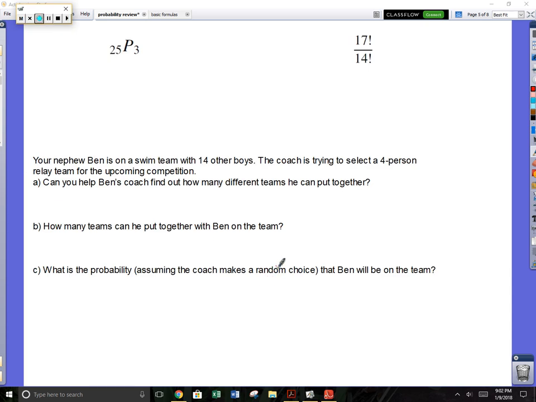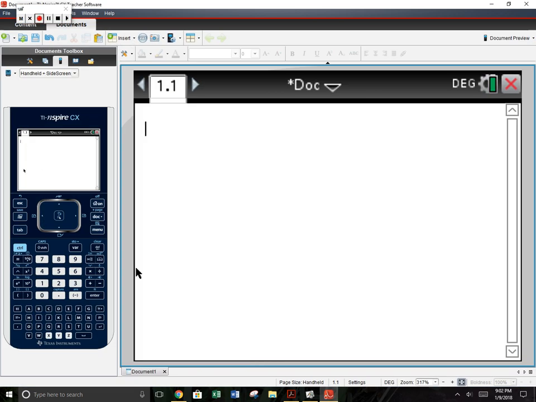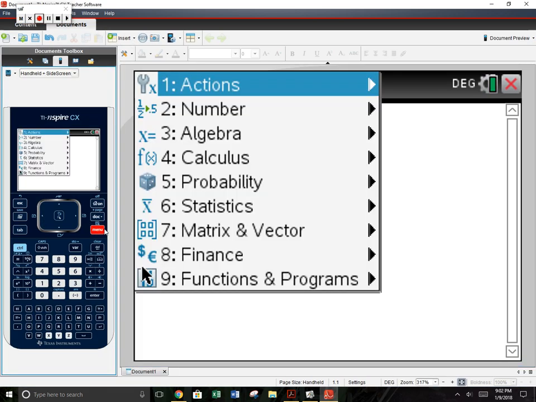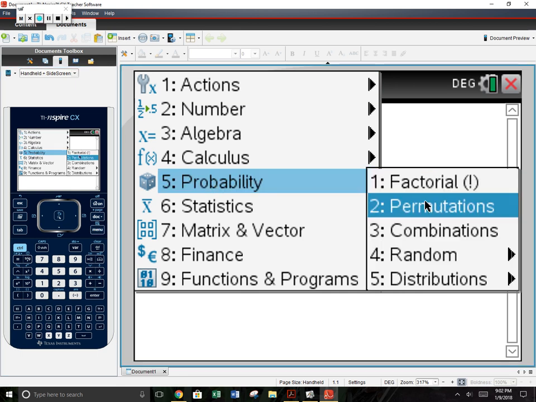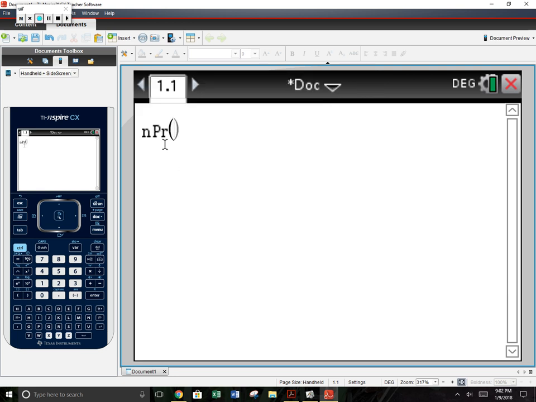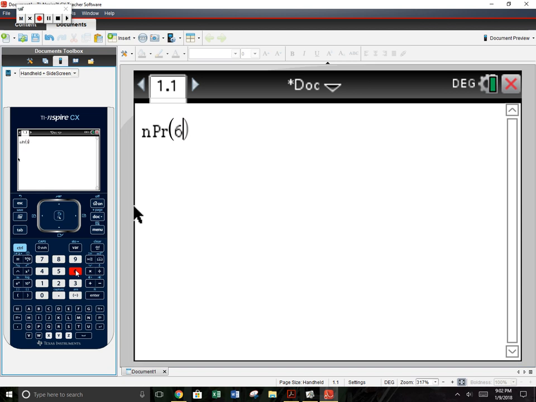Okay, then the factorial business, permutations, combinations. These are just calculator functions. So on your calculator, you got to hit menu, then you got to go into probability, and here's everything. For the permutations, you've got to type in like 6 and then comma 2, so 6 racers, and you want to know how many ways you can award first and second place.